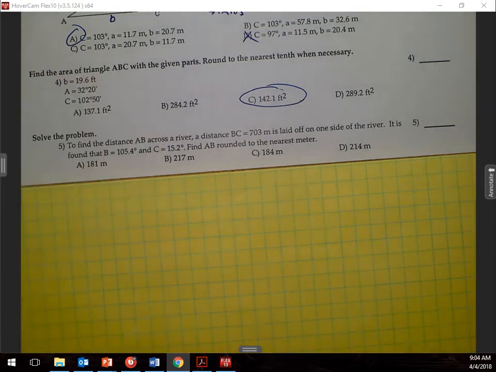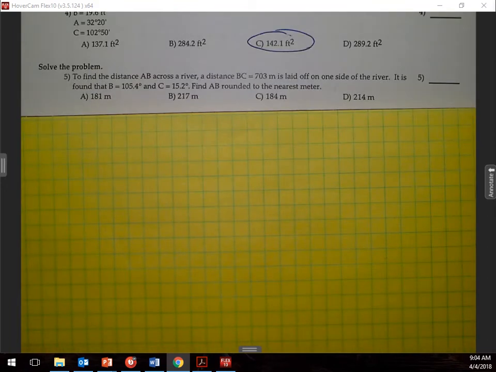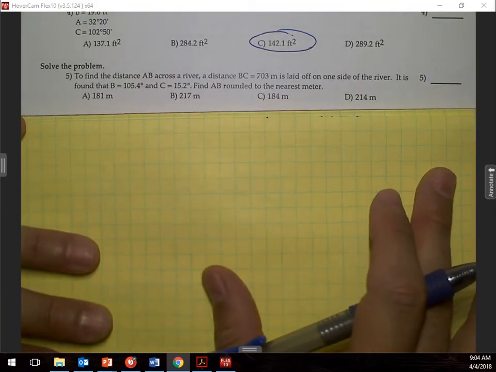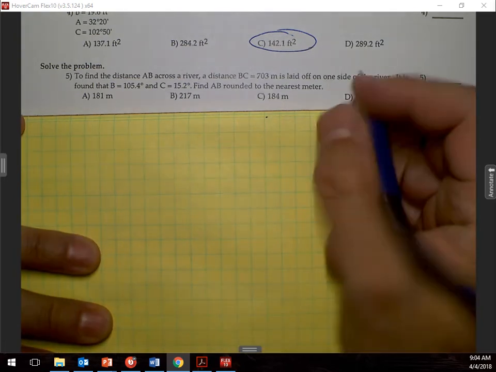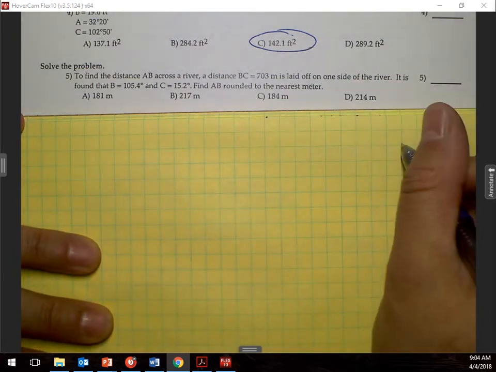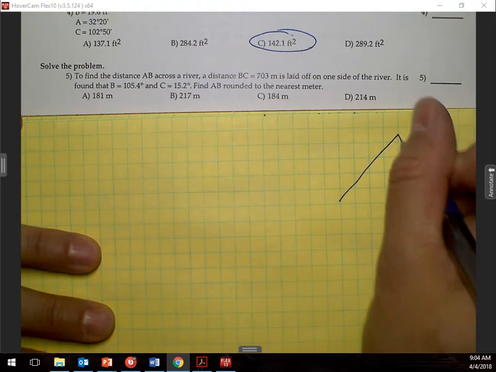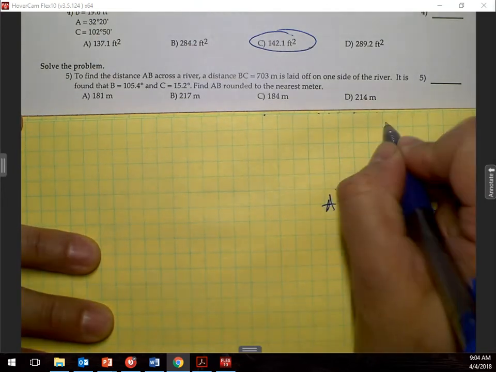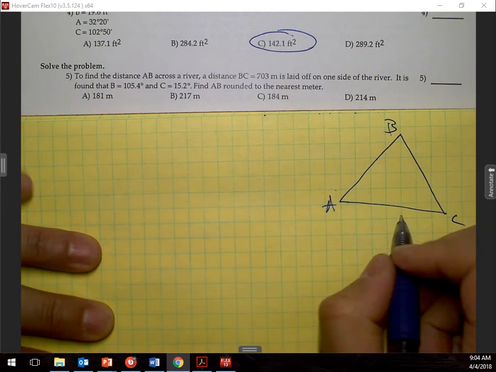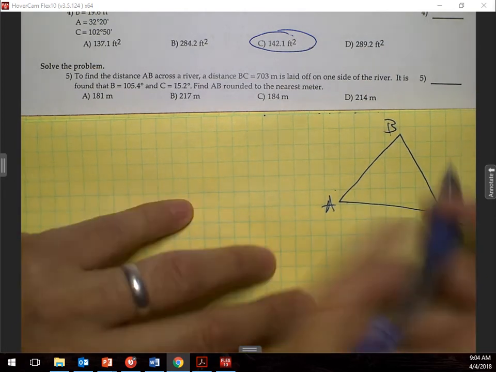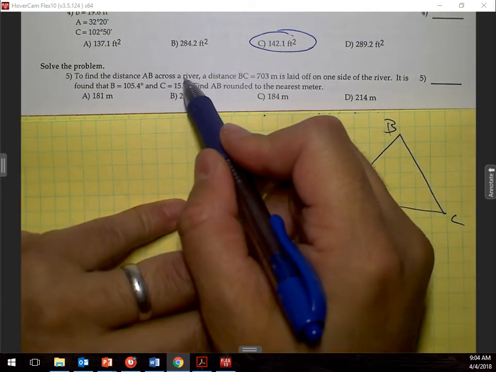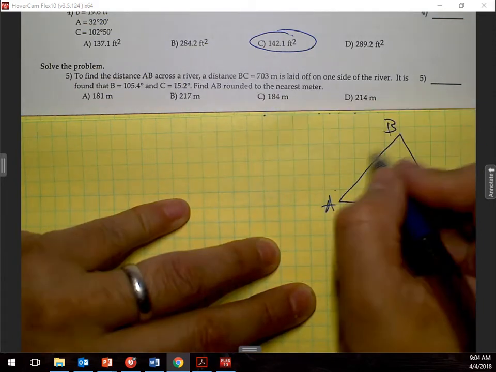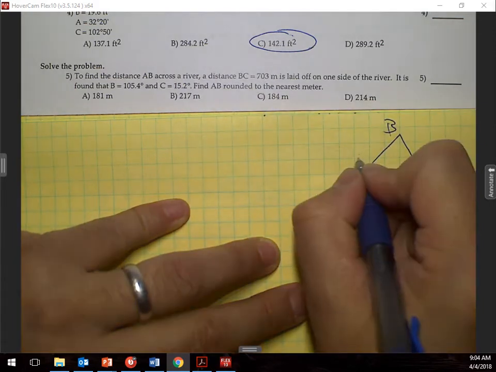All right, so number 5. Find the distance AB across the river. Again, no triangle, so draw some random triangle. It does not have to be to scale. Distance AB is my unknown, so that's going to be my little c.